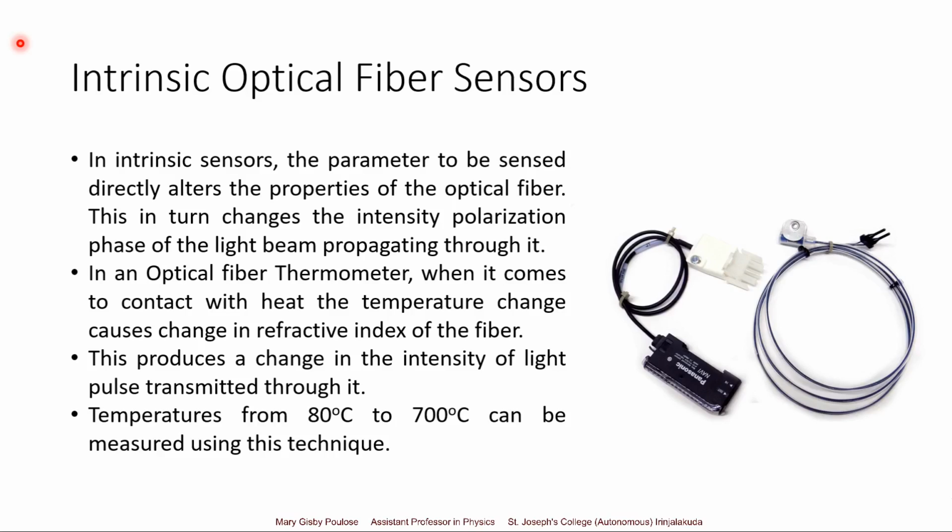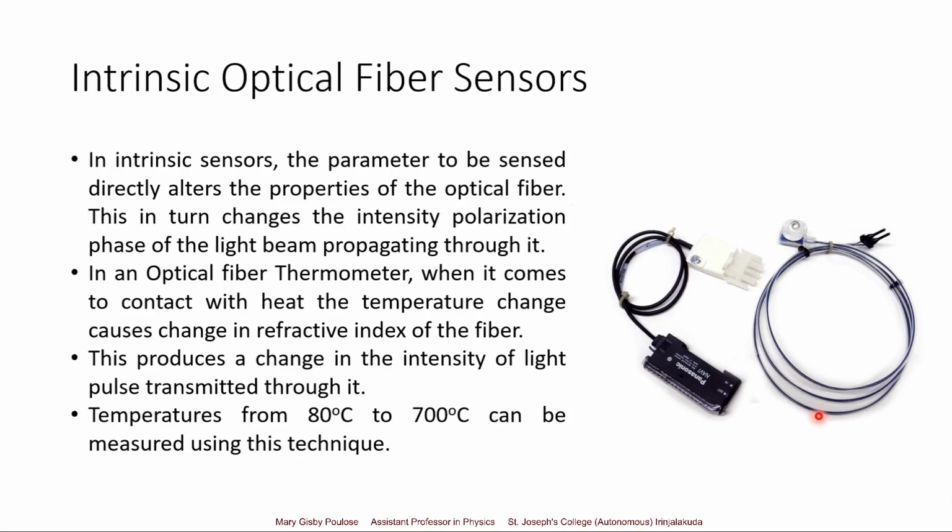In intrinsic optical fiber sensors, the parameter to be sensed directly alters the properties of the optical fiber. This in turn changes the intensity or polarization or phase of the light beam propagating through it. So here, at a particular point of study, we may have the temperature changing or the pressure changing.